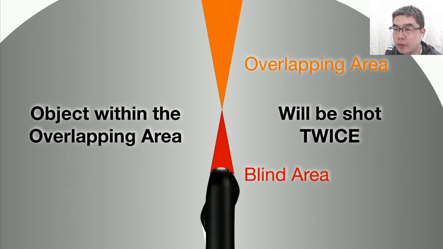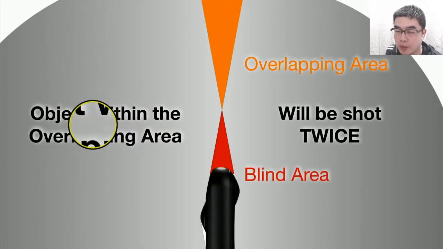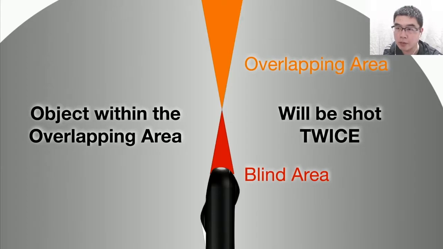And next, how do we think of the overlapping area? So the overlapping area, you can see the orange triangle. Every object within the overlapping area will be shot twice, right? But you should be careful. You should never put objects too close, so that your object will dive deep into the blind area, so they will not be captured by this camera.